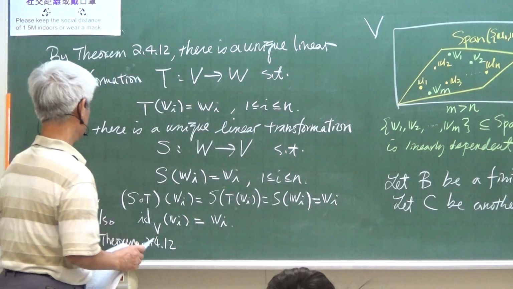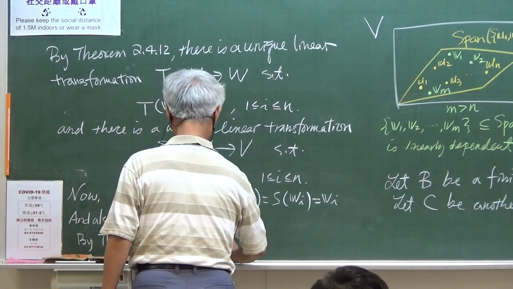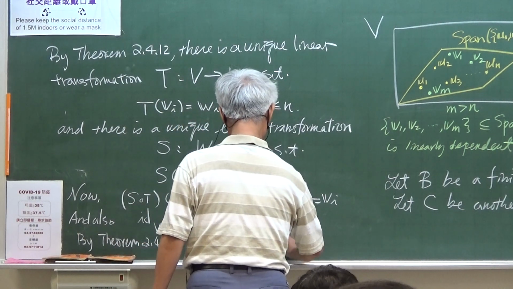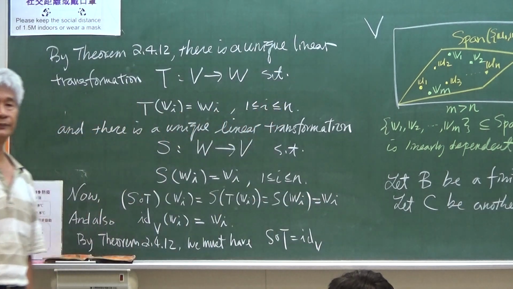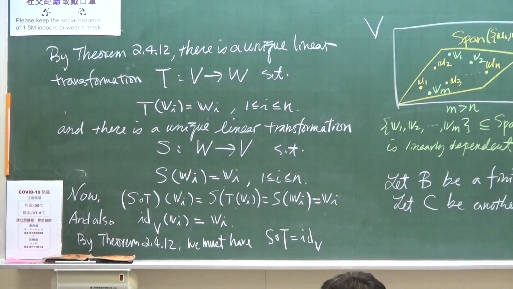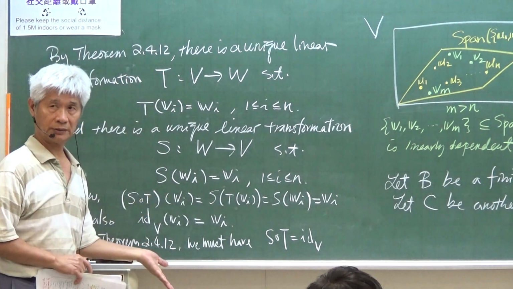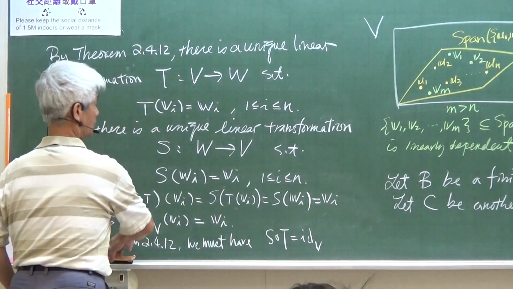So we must have S composed with T equal to the identity of V. Must be equal because we have a unique linear transformation from V to V. So this must be the identity.